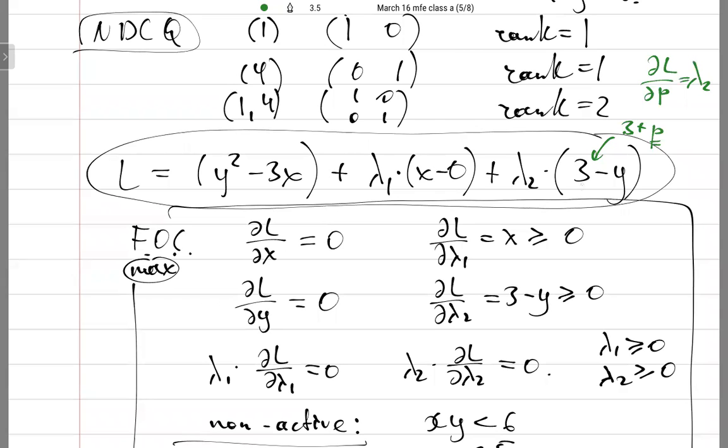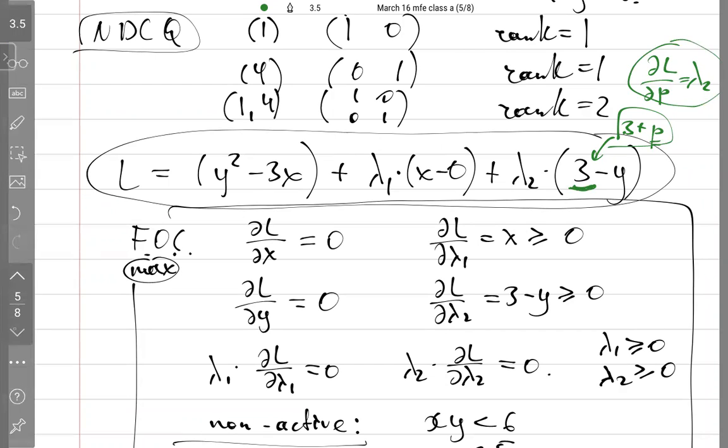So if I add the parameter p here, the derivative of the Lagrangian function with respect to that parameter is just lambda 2. Is that clear? In that simple case, we can have an exact solution, but in a very complex case, when the exact solution is not feasible, we can do an approximation. Any questions? We go on.